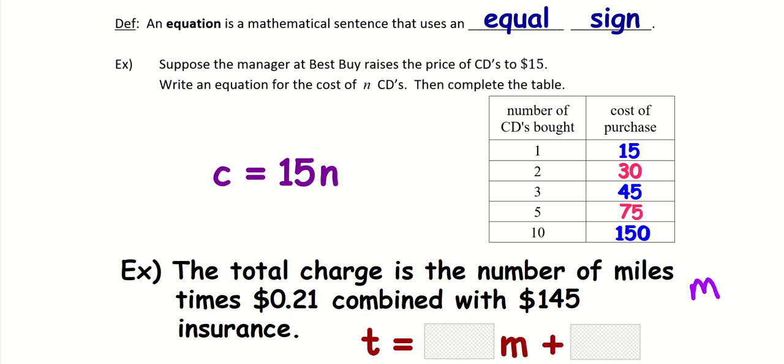Whatever the number of miles is, whether it's 50 miles or 125 miles or 1,000 miles, it's m in the equation, it's open-ended. Whatever that number of miles is gets multiplied by 0.21, but then we have to add that one-time 145 for the grand total, and that's what's going to equal t.